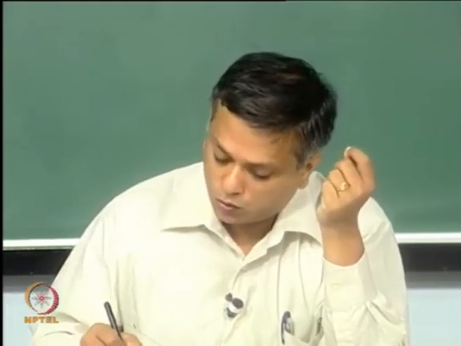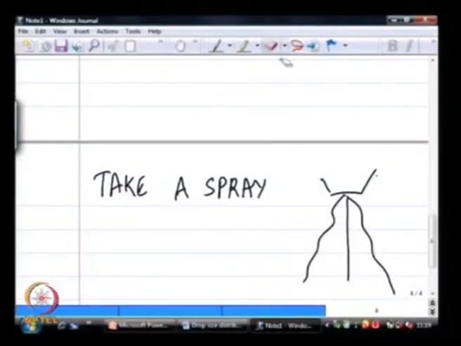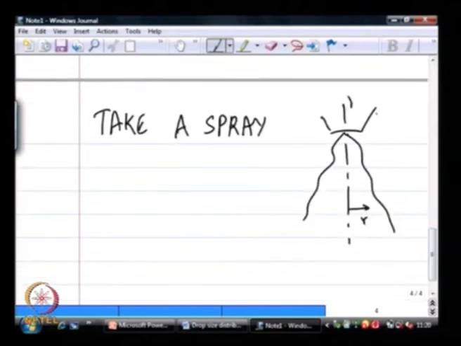If I use cylindrical polar coordinates, there is a radial coordinate r, a theta and a z coordinate. So, if this is my origin point, every point in the spray has a position vector.